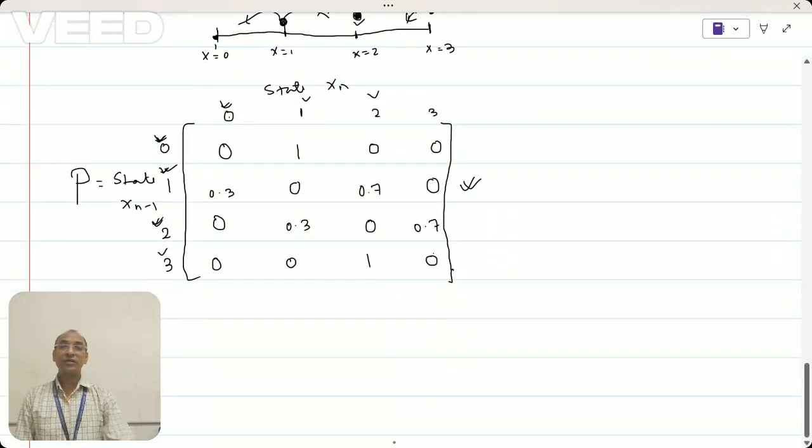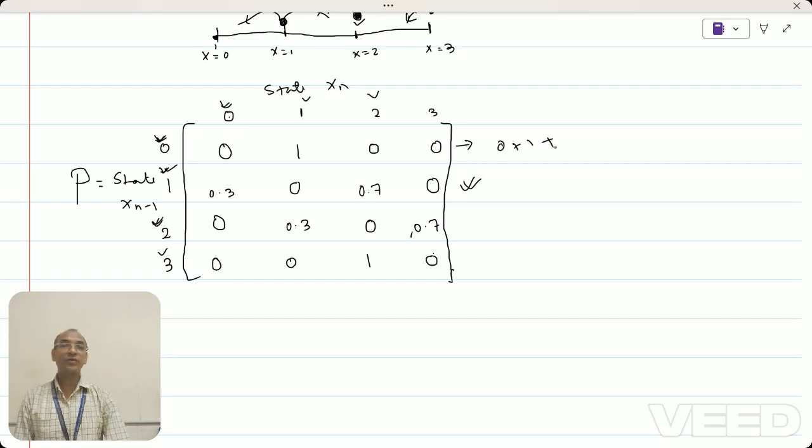Here only one thing we have to remember: when we are constructing the TPM, it should be a stochastic matrix. Stochastic matrix means each element is either 0 or more than 0, and the sum of the elements in each row is 1. In the first row, my sum is 0 plus 1 plus 0 plus 0, so the sum is 1.